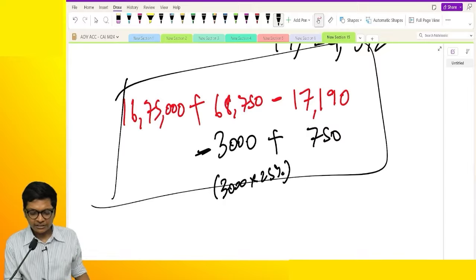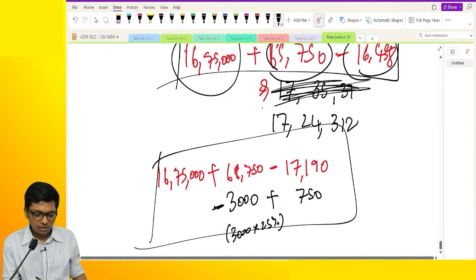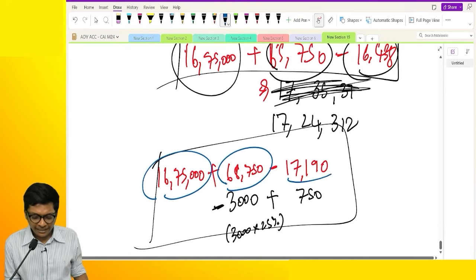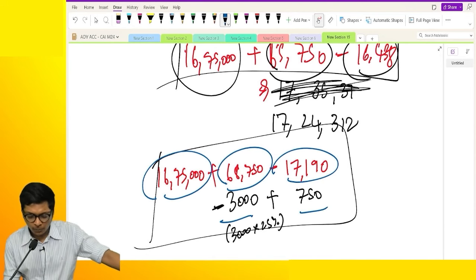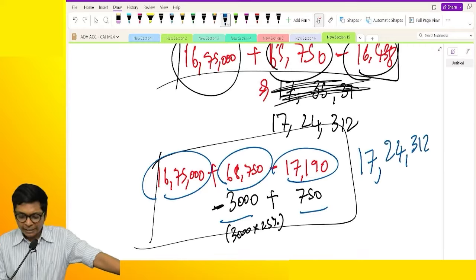What is the answer of this? No, the whole answer: 16,75,000 plus 68,750 minus 17,190 minus 3 plus 2,250. How much are you getting? 17,24,312. Same, right?